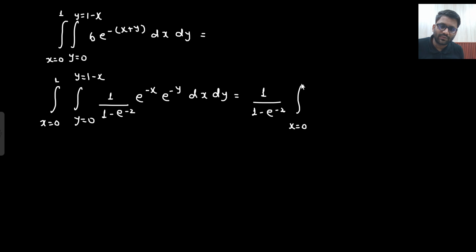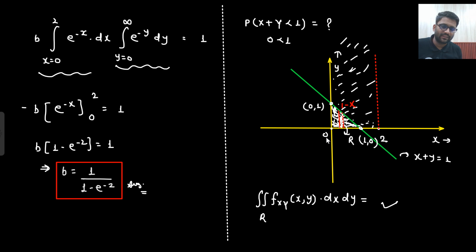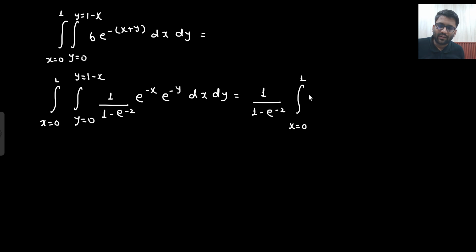x is going from 0 to 1, e to the power minus x dx, and when you integrate e to the power minus y, that would be e to the power minus y divided by minus sign would come, and the limit will go from 0 to 1 minus x. So what I can do, I can take the limit from 1 minus x to 0.